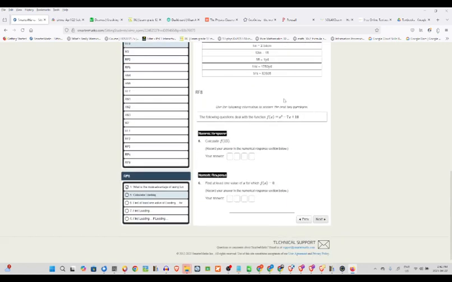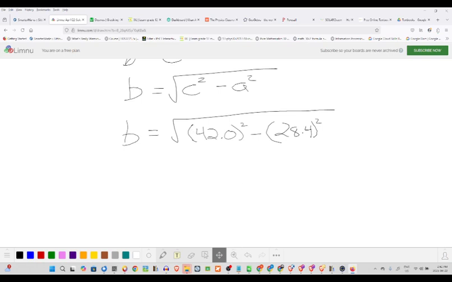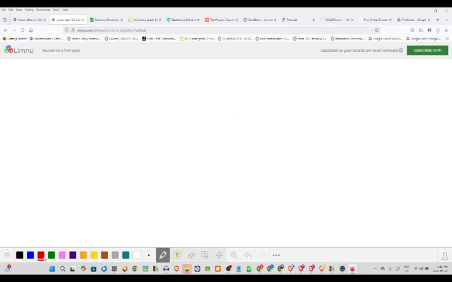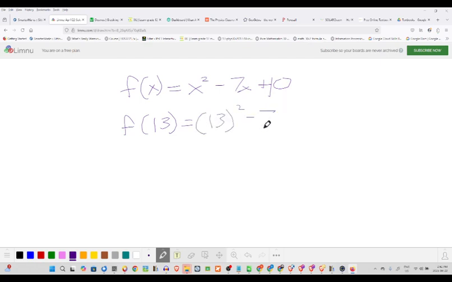So let's deal with this function. If we calculate f of 13, well, that's substituting 13. Actually, let's not use red unless it's wrong. So if f of x is x squared minus 7x plus 10, then f of 13 is 13 squared minus 7 times 13 plus 10.